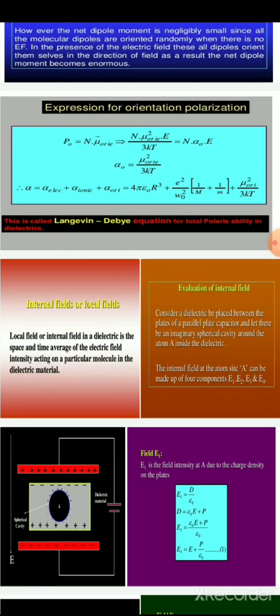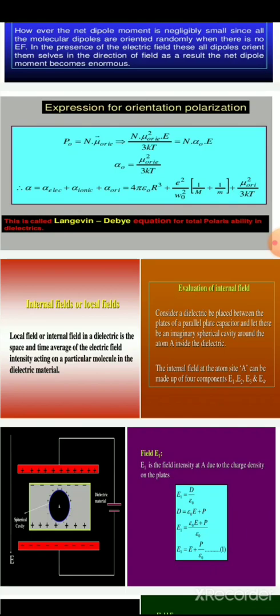As we know, the last one we left is space charge polarization. Space charge polarization is considered zero, because there is no charge in space. So including that, we can write the total polarization as alpha equals 4 pi epsilon naught r cube plus e square by omega square naught into 1 by capital M plus 1 by small m, plus mu square orientation by 3kT, plus 0.